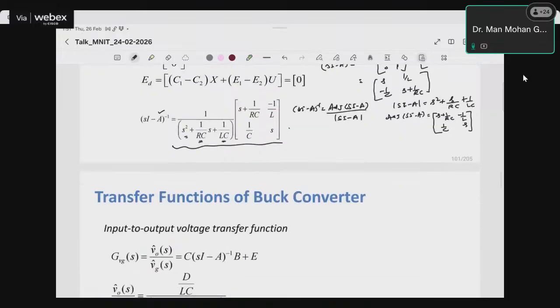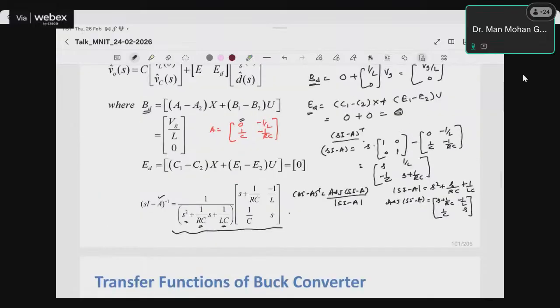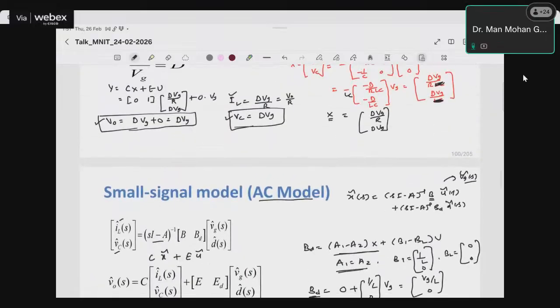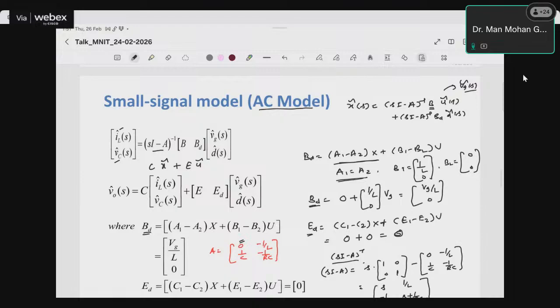So now how to use this, right? We will put it back. Let's say we want first to see how many transfer functions are possible. Let's say we want to write the first transfer function of IL with respect to Vg, then Vc with respect to Vg. In that case, we will consider only B, right?